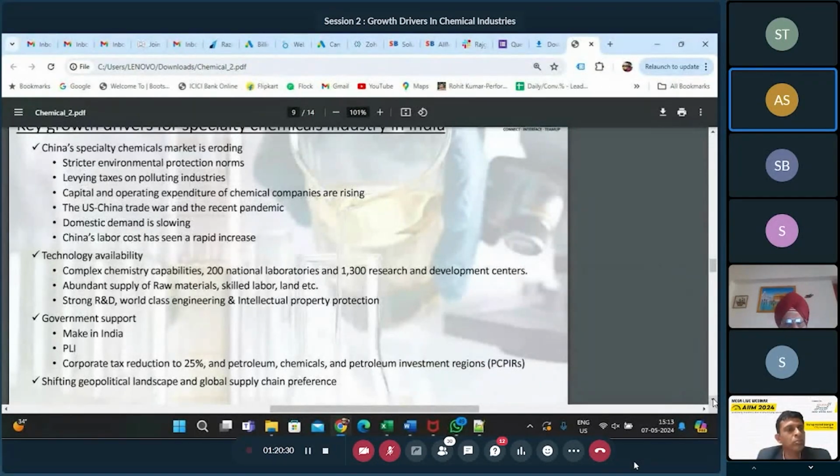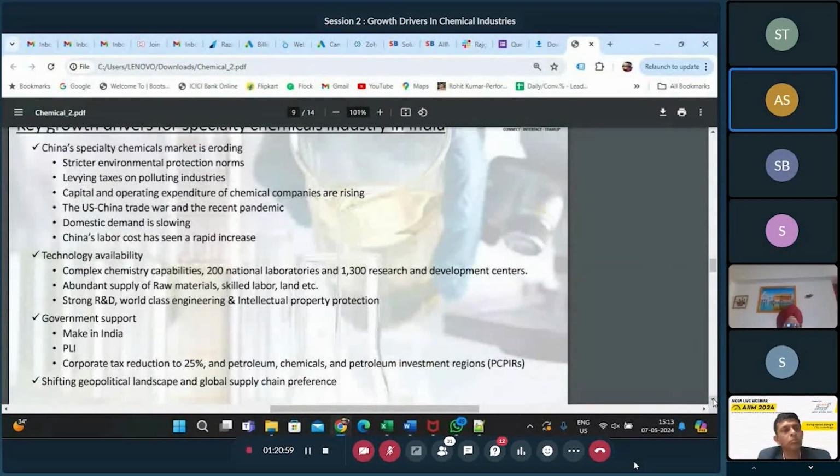And the technology availability: yes, we do have it in India, and chemistry capabilities are available. We have around 200 national laboratories and many R&D centers. We have abundant supply of raw material, skilled labor, land, and world-class engineering R&D. Government support is now very well available.